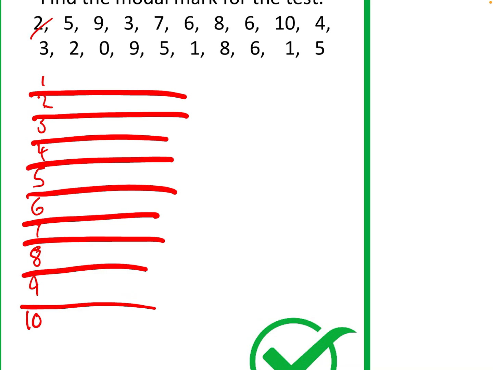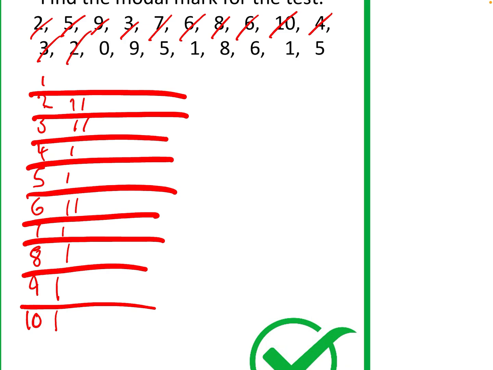So I've got 2, 5, 9, 3, 7, 6, 8, 6, 10, 4, 3, 2.